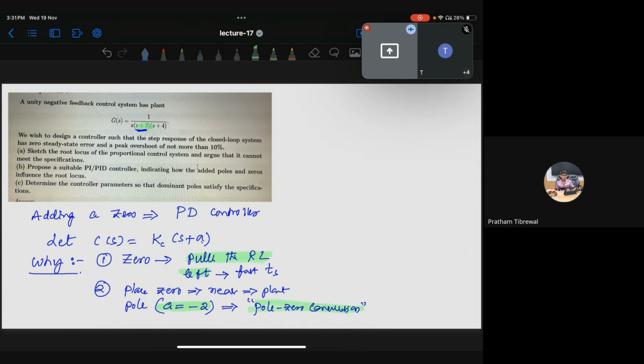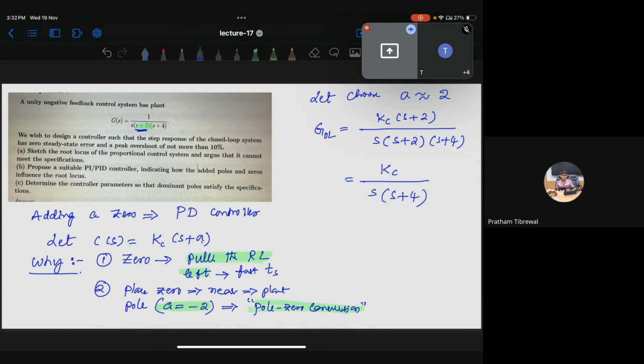Now let us choose A equal to 2. So the open loop transfer function will become Kc times S plus 2 divided by S multiplied by S plus 2 times S plus 4, which is nothing but Kc divided by S times S plus 4.